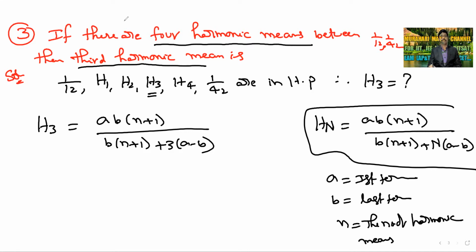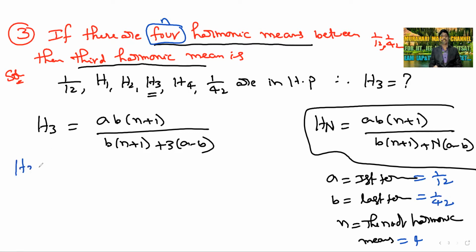So in this statement, the number of harmonic means is 4, so N is equal to 4. 4 harmonic means between A and B, 1/12 and 1/42 given. So A is equal to 1/12, B is equal to the last term 1/42.